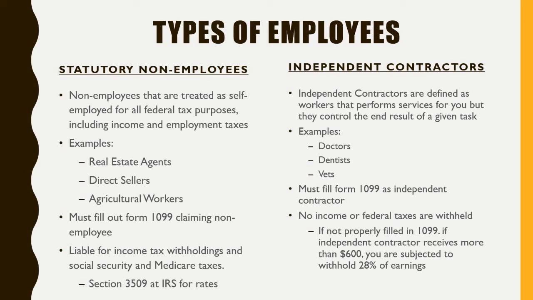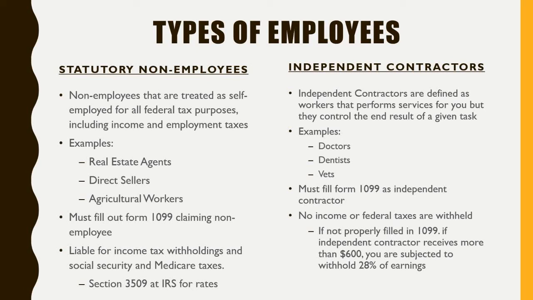They are non-employees because when they go in, they have a place to work and a task they can do. However, a real estate agent can come in whenever they please. If they have a client, they're not told when to come into the office. That's the huge difference here.